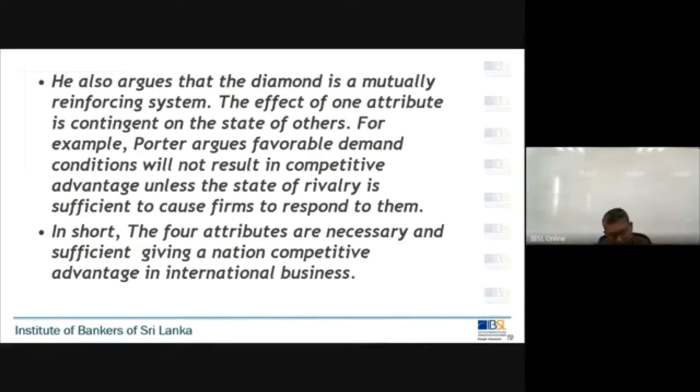And this is another area we look at. We do not look at it only locally, we look at the strategy. How do my banks become competitive in international business? One factor is natural resources, that is what we call factor endowment. Then the local demand. India has a good local demand.